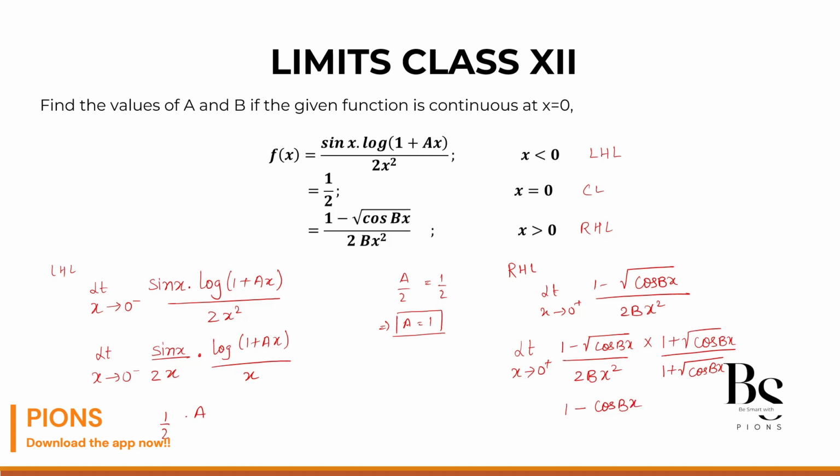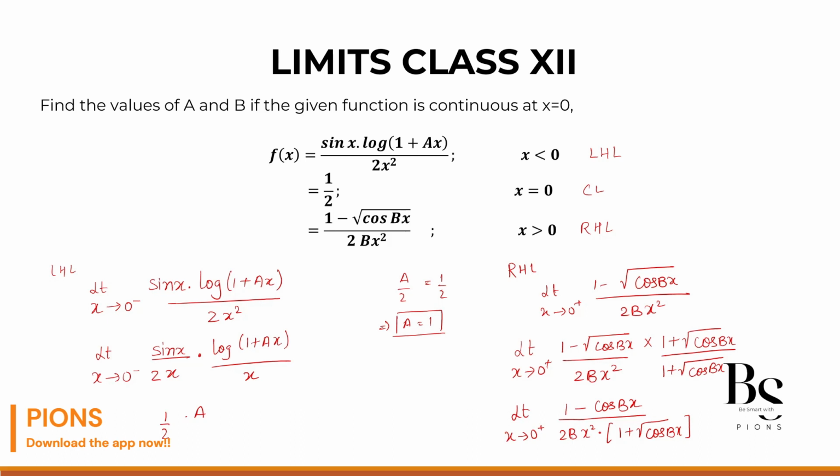So when you square it, you get the removal of this root. Again, I am repeating, a minus b into a plus b will be a square minus b square. 1 square is 1, and the square of this root, the root will go. Whole divided by 2bx square into 1 plus root under cos bx. I hope this is clear up till here.